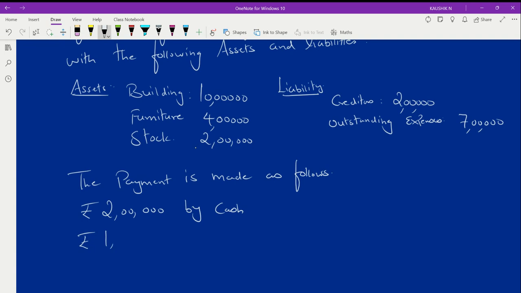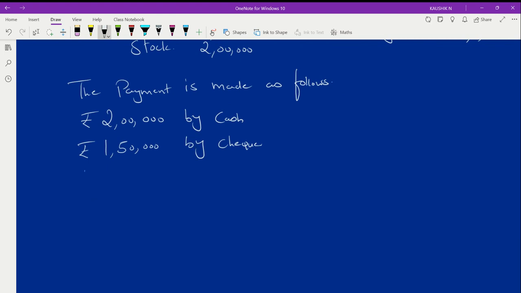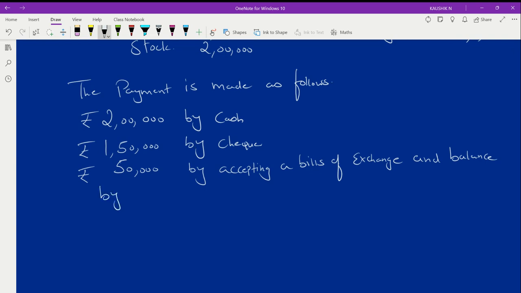So again, they are giving a breakup. Okay, rupees 1 lakh 50,000 by check, and then they are giving you information: rupees 50,000 by accepting bills of exchange, and balance by issuing equity shares of rupees 100 each.